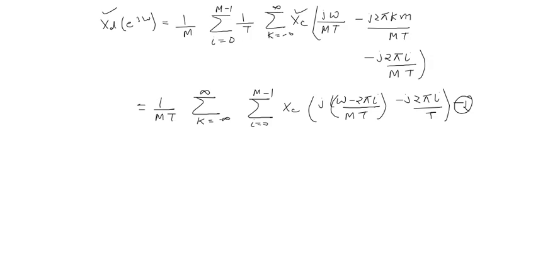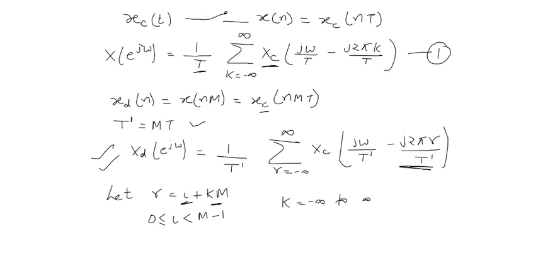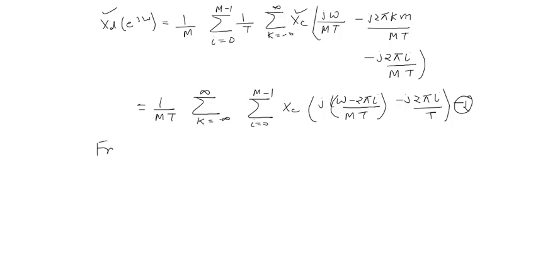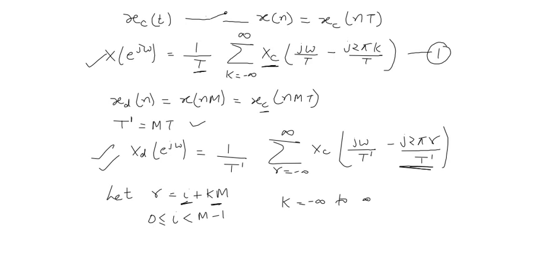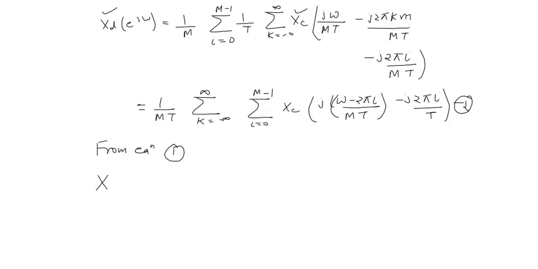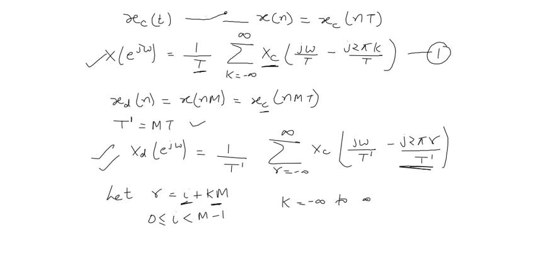If you compare, you can see that instead of omega, I will replace omega by omega minus 2 pi I upon M. So from equation 1, I am just replacing capital X, this expression, writing omega as omega minus 2 pi I upon M, so that I can find the relation between equation 1 and equation 2.